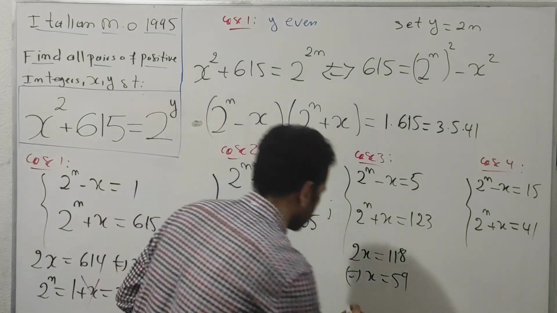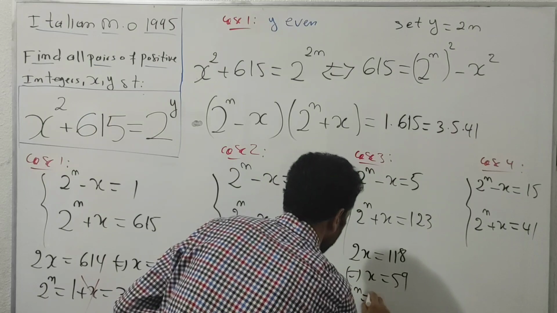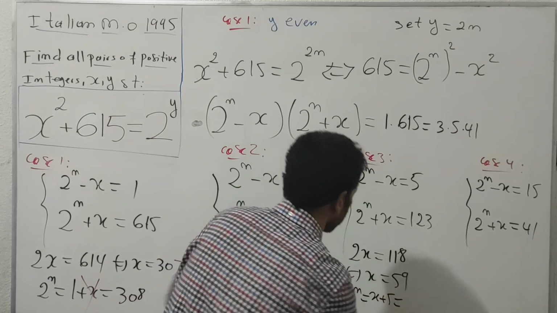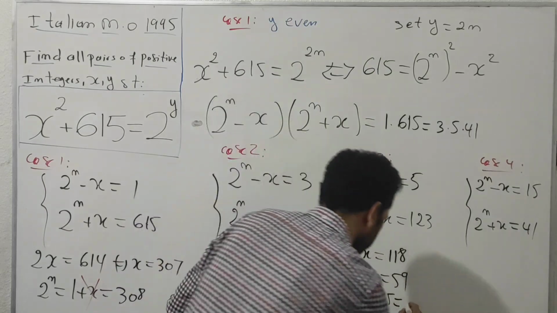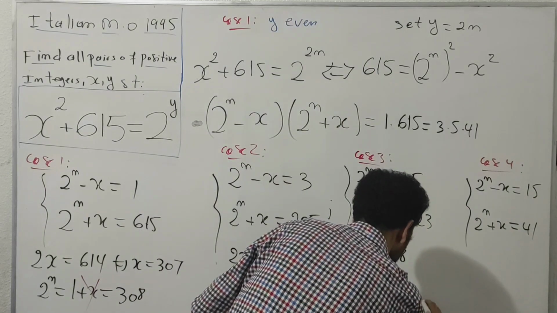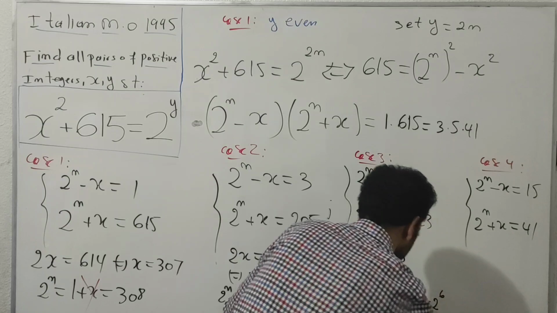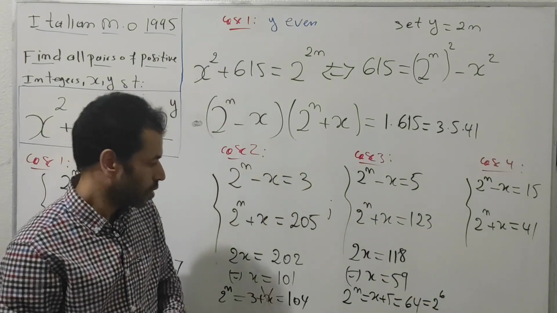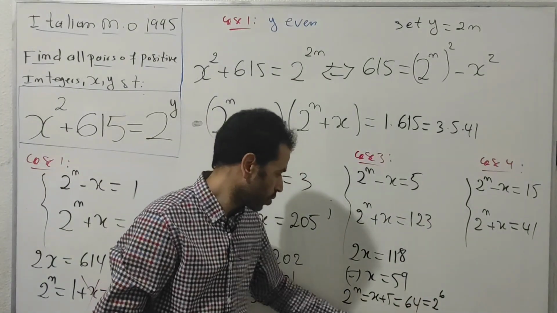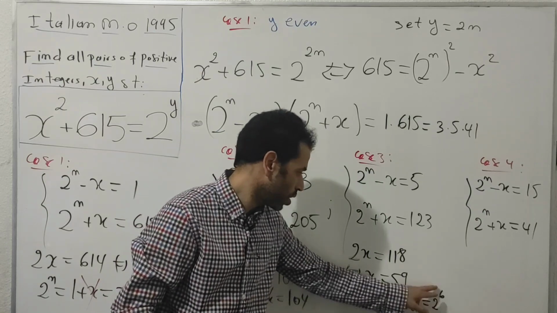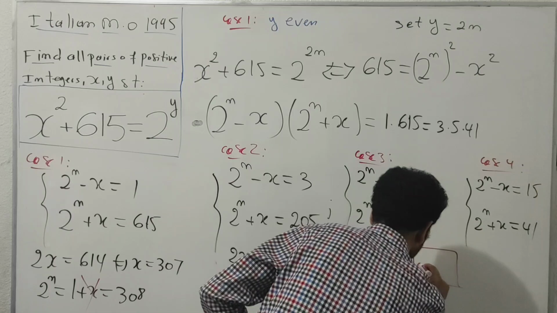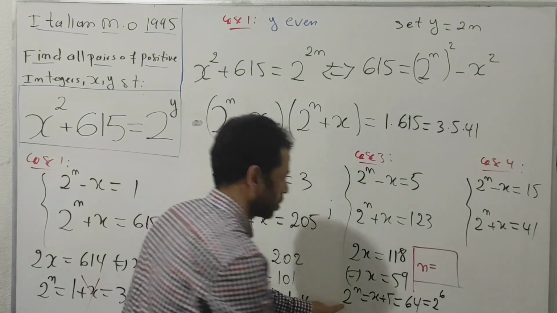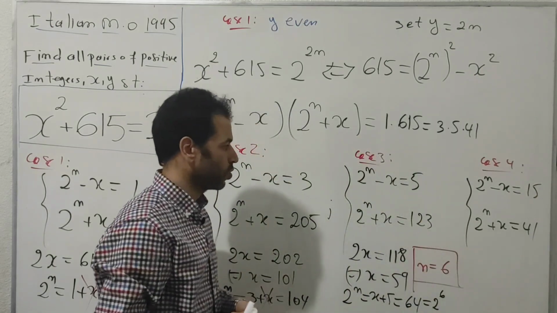That means 2 to the n equals x plus 5, 59 plus 5, which is 64. 64 is the same as 2 to the 6. Now this one is a power of 2, written in the form 2 to the n. Now we found n equals 6. I have a solution for this one.